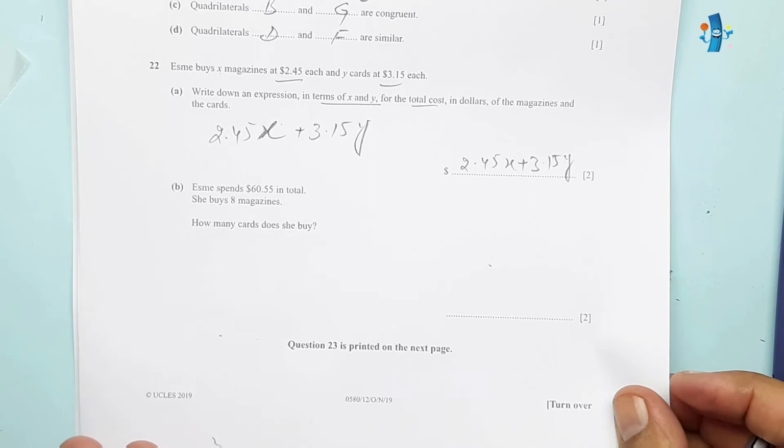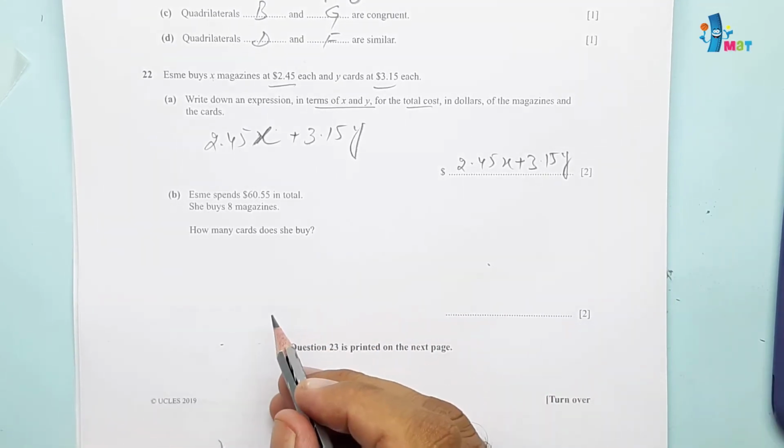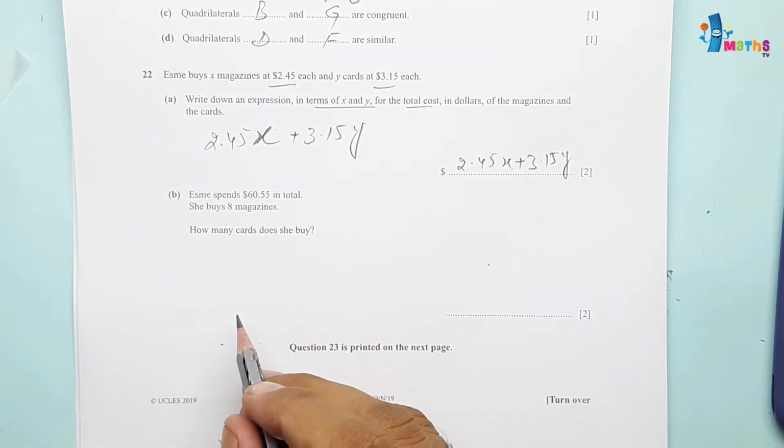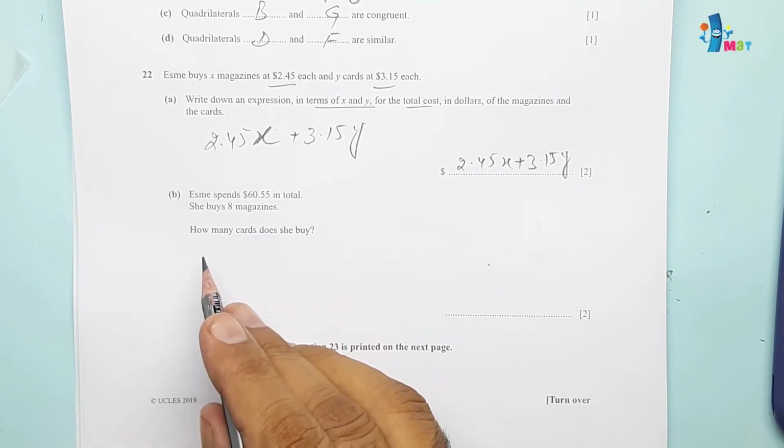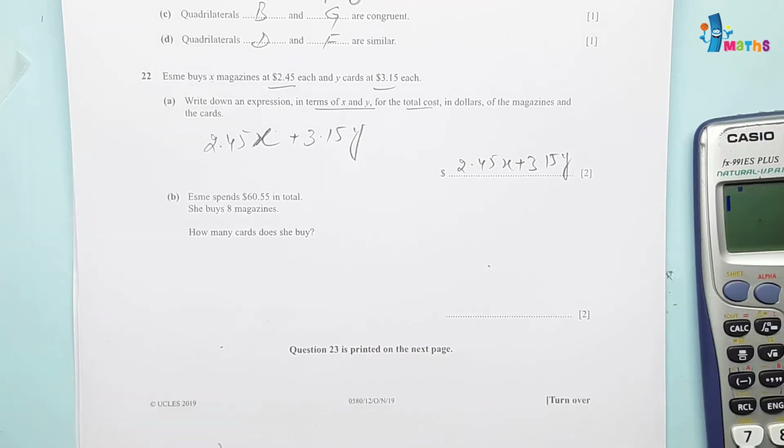Then Esme spends 60.55 in total, and she buys 8 magazines. How many cards does she buy?